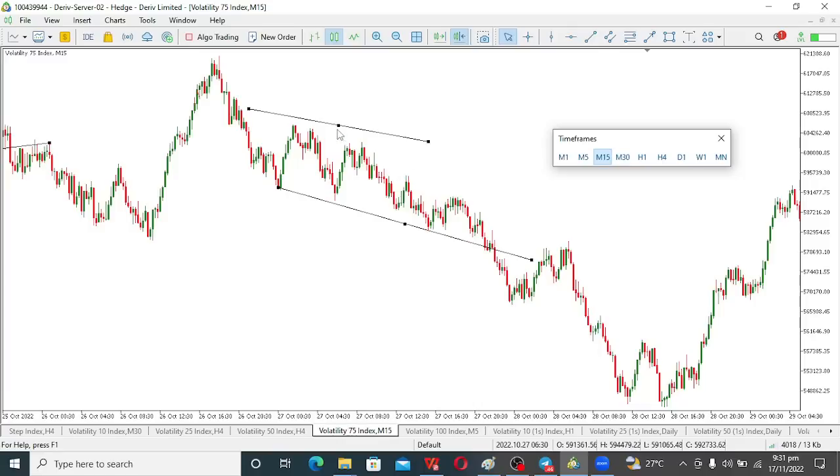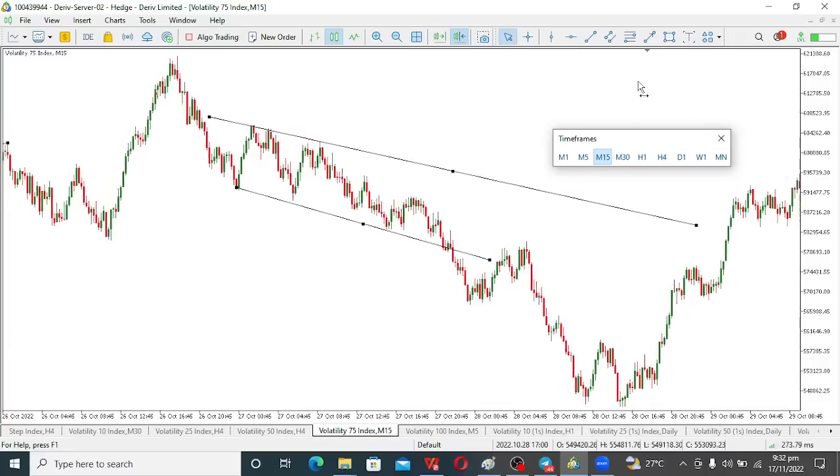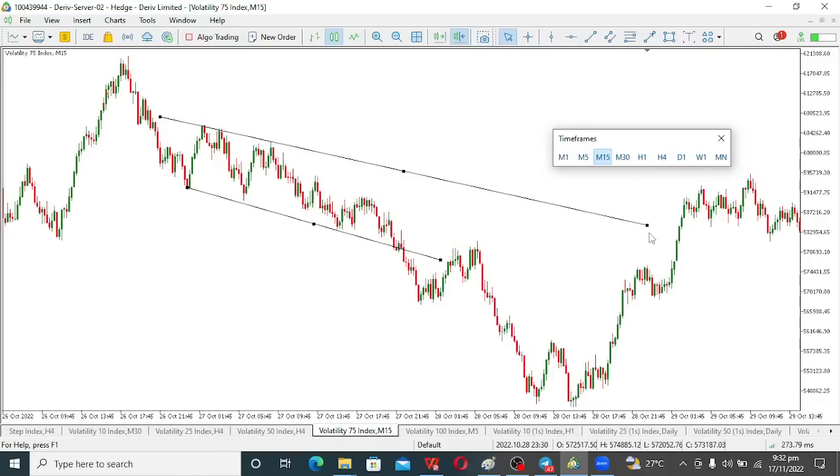After the first and second, you should have at least a third touch. Then I extend it.